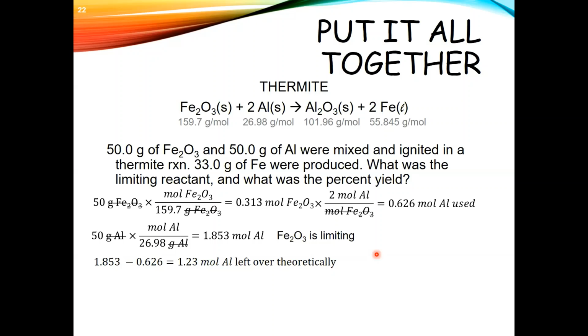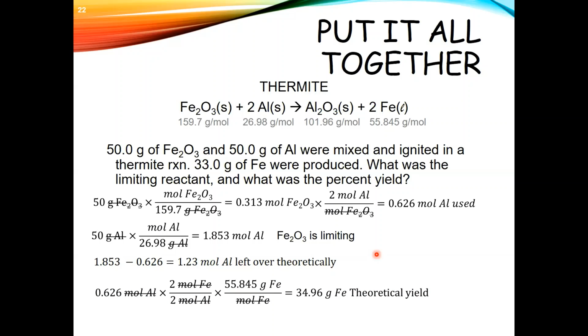Okay, next thing, let's figure out how much Al2O3, how much iron we should have produced from that reaction. And we will find that when we take our 0.626 moles of aluminum that are used up, multiply that by the mole fraction between aluminum and iron, which in this case is 2 to 2, and then multiply by the molecular weight of iron, we should have produced 34.96 grams of iron in that reaction.